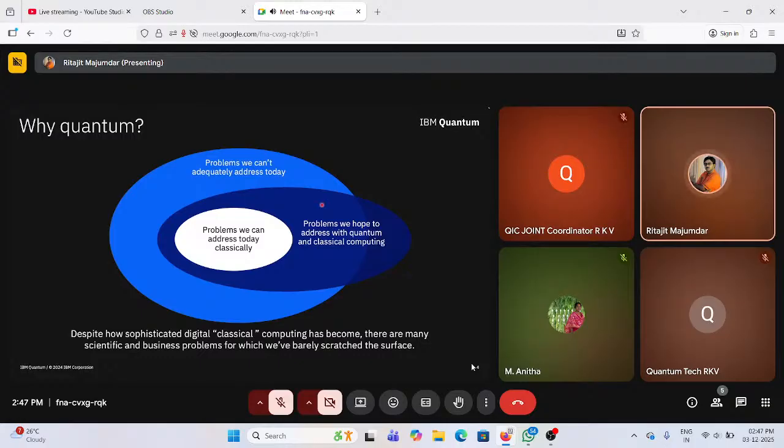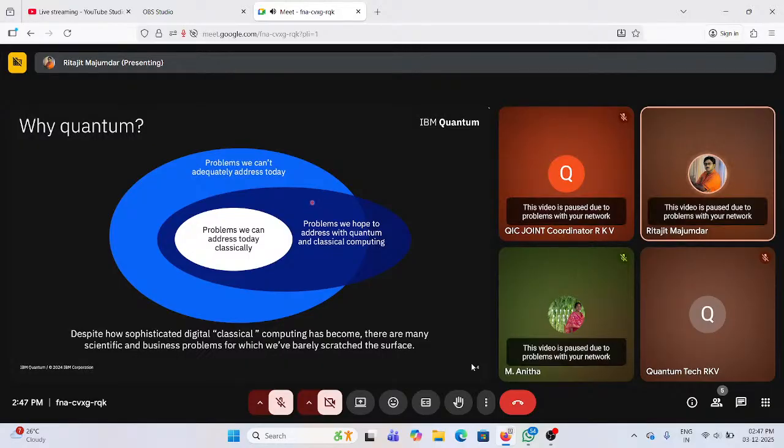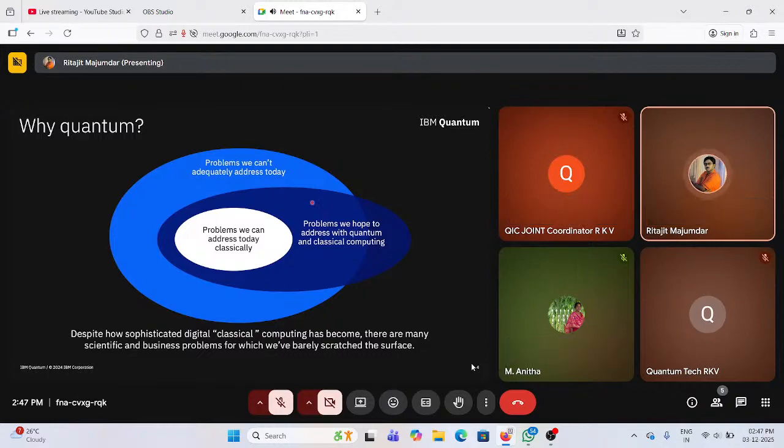Quantum computers are really useful for this application. But on top of that, there are certain things that go outside of this set. A quantum computer can tackle problems which are beyond what is classically tractable.